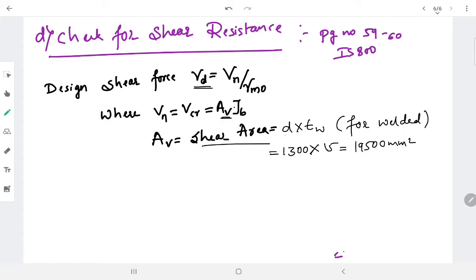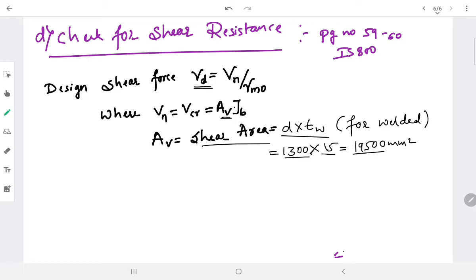The shear area is taken as that of the web, because the web itself will resist the shear force. The web dimension is 1300 by 15, where 1300 is the depth and 15 is the thickness of the web. This is considered as the shear area and it comes to 19,500 mm square.